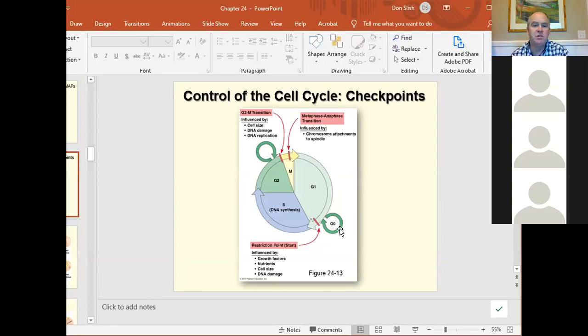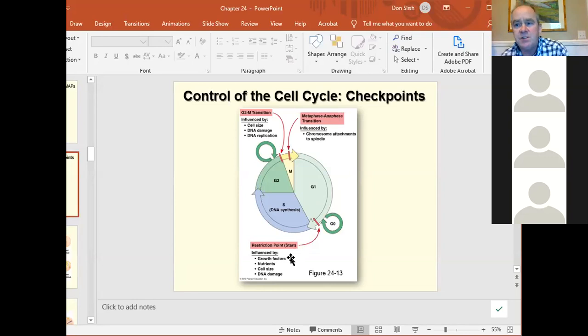That's their whole purpose. So this restriction site from G1 to G0 is going to be controlled by growth factors. We talked about receptor tyrosine kinase mechanisms in the last chapter, and TGF beta-like mechanisms, the Wnt pathway, all of those things are important in controlling this checkpoint.